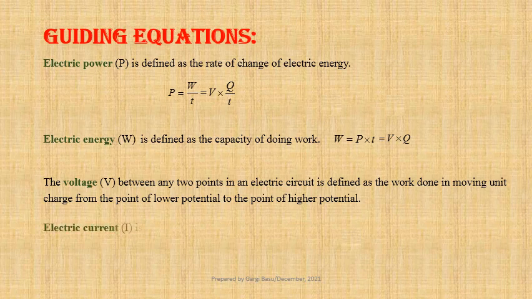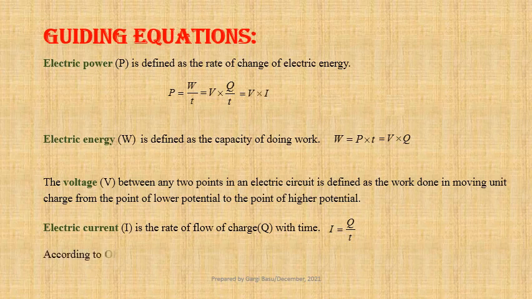Electric current is the rate of flow of charge with time. I = Q/T. Therefore, P = V × I. According to Ohm's law, V = R × I. Therefore, P = I²R or V²/R.